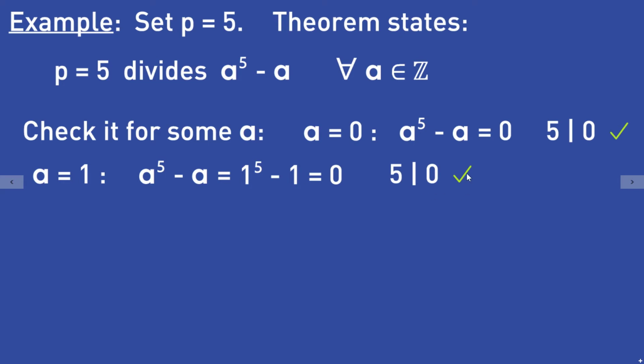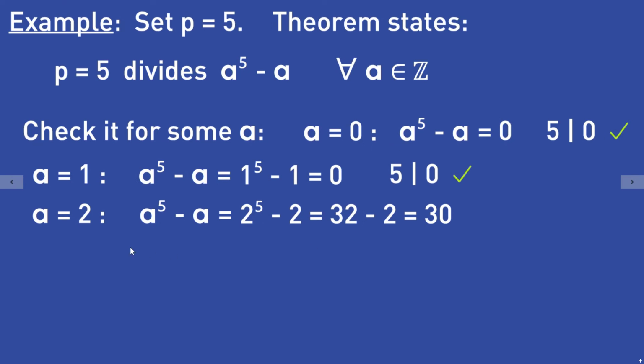So that is okay too. For a equal to 2, a to the power of 5 minus a is 2 to the power of 5 minus 2, which is 32 minus 2, which is equal to 30. And 5 divides 30. So we have also checked that.